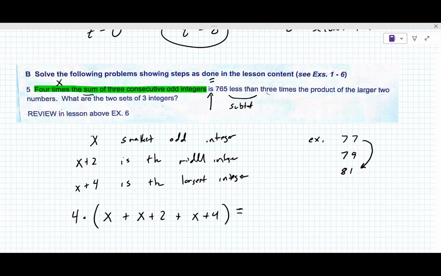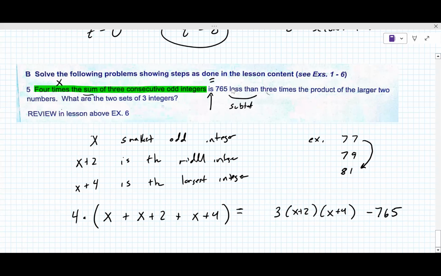Okay, so the 2 larger numbers are x plus 2 and x plus 4. We want 3 times that, and then we subtract 765.